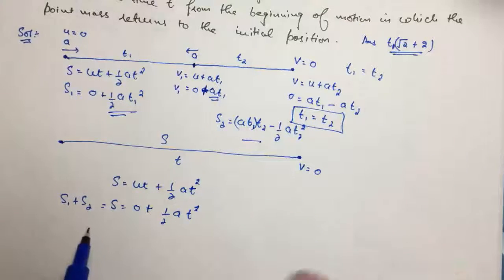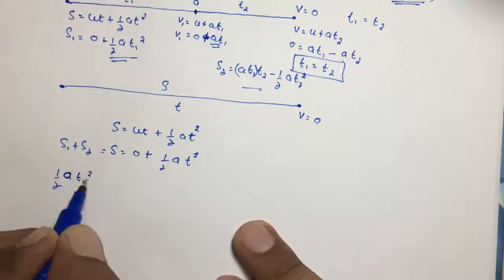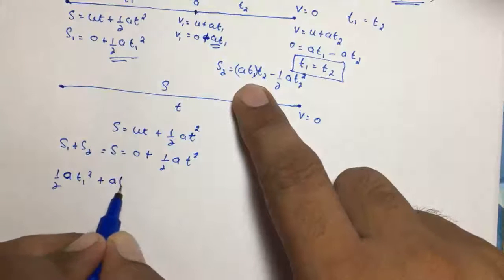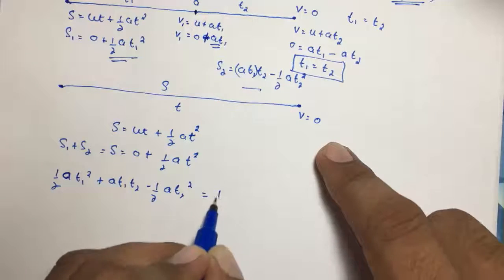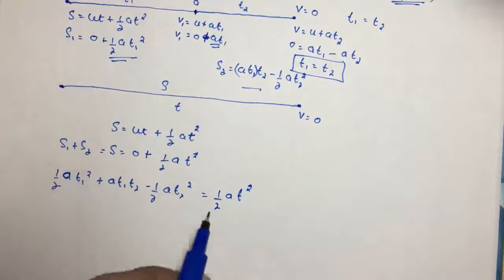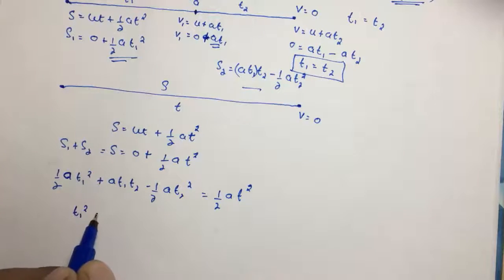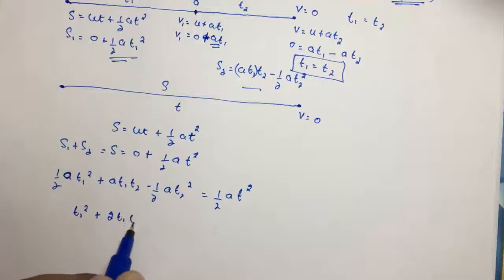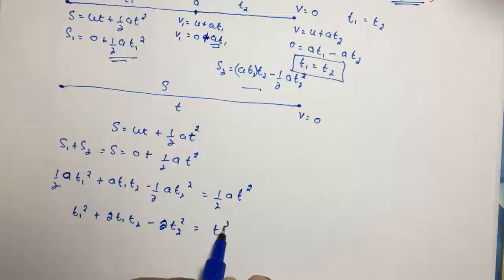Now if we solve this, we will get half a t1 square plus a t1 t2 minus half a t2 square, that is equal to half a t square. Now we can cancel a, dividing the whole equation by a on both sides and multiplying by 2 on both sides. We will get t1 square plus 2 t1 t2 minus t2 square is equal to t square.